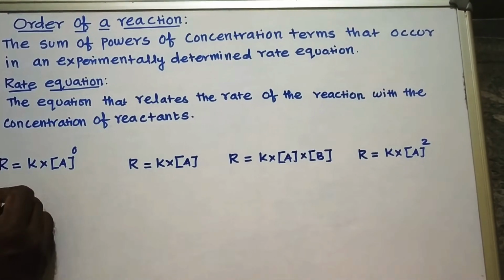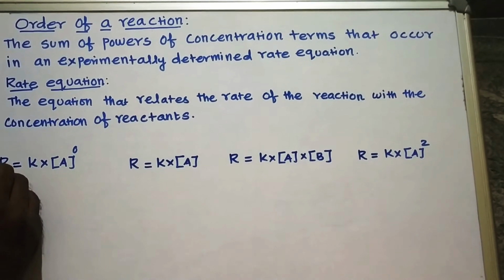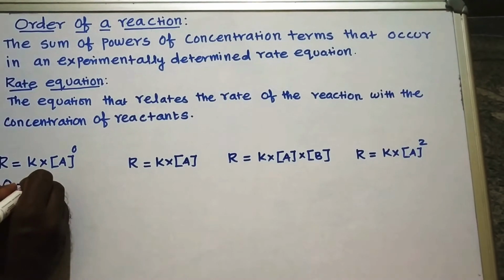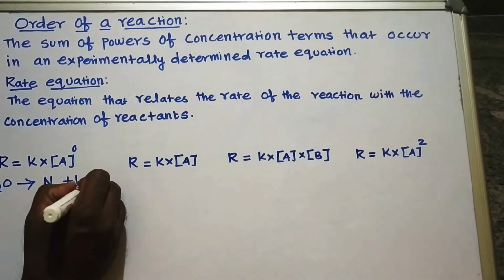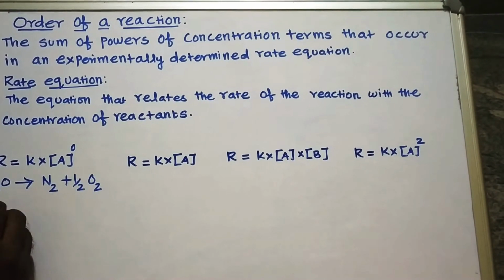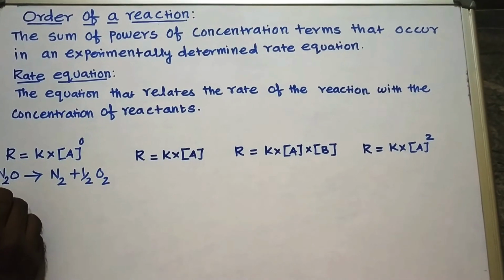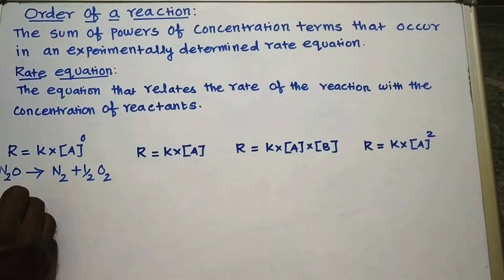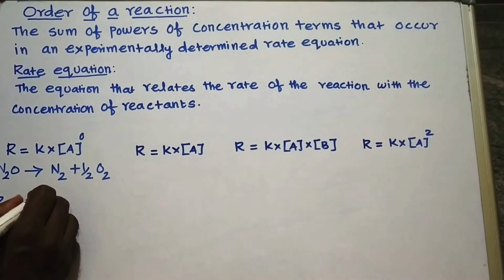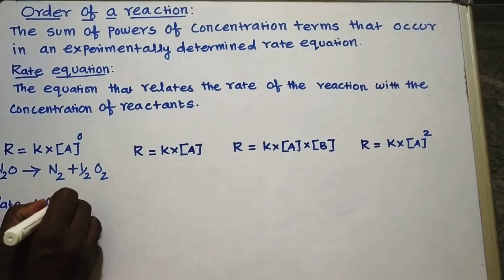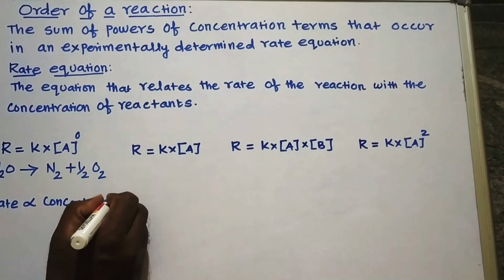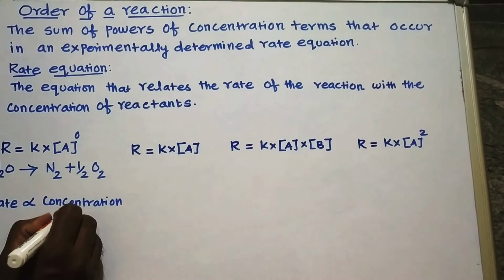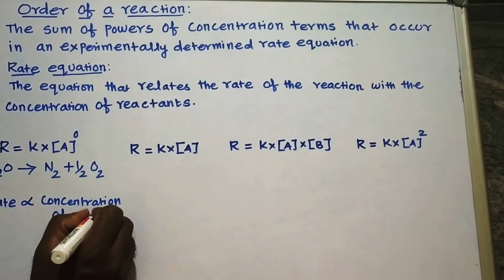For the reactions, let us consider the decomposition of N2O, which gives N2 plus half molecule O2. This is the zero order reaction. The rate is directly proportional to the concentration of reactants.